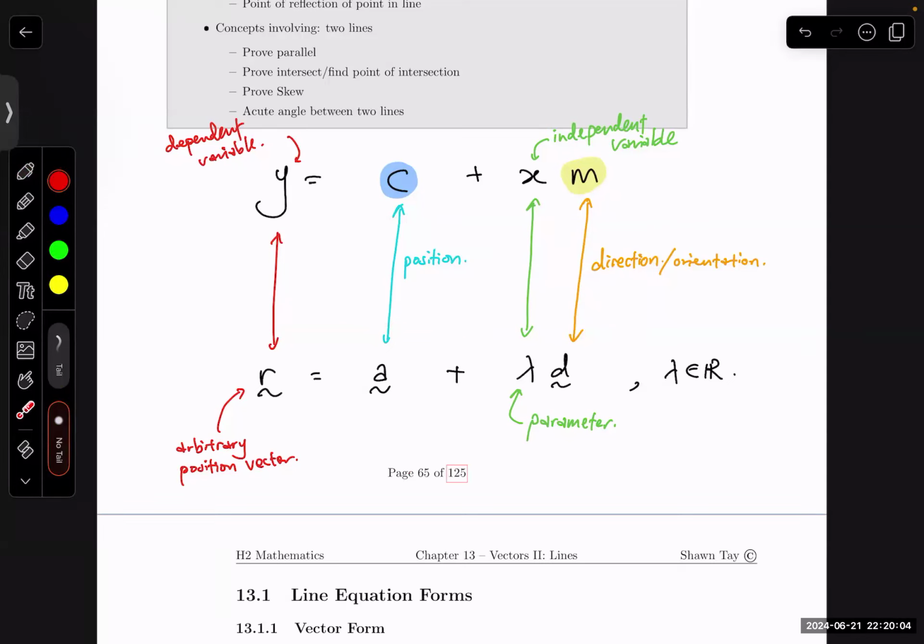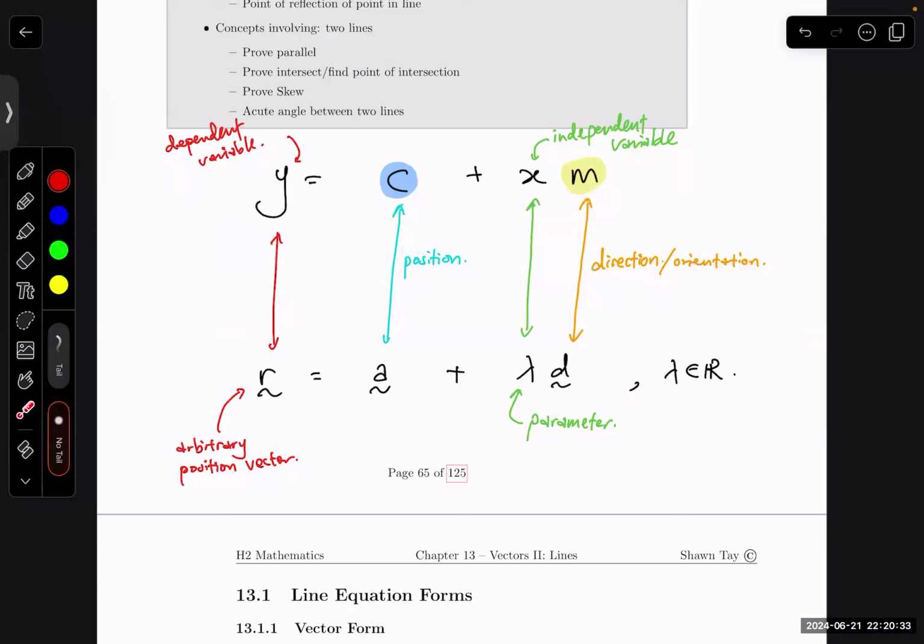Okay. So if I ask you, what is the interpretation? Usually they'll call it geometrical interpretation. So what is the interpretation of this equation? In the question, they don't call it a line, so I'm not going to tell you it's a line first. I just show you vector R equals vector A plus lambda times vector D. What does this describe?